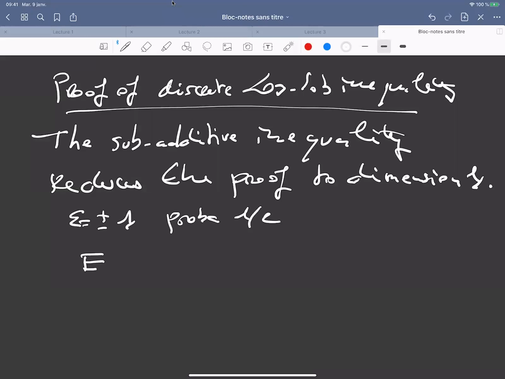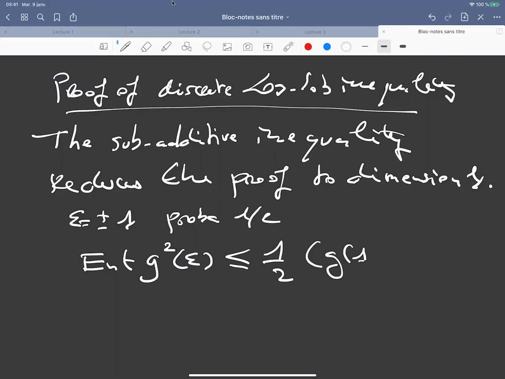And you have to prove that the entropy of g squared of epsilon is less than 1/2 of (g at point 1 minus g at point -1) squared. We can compute it explicitly now.